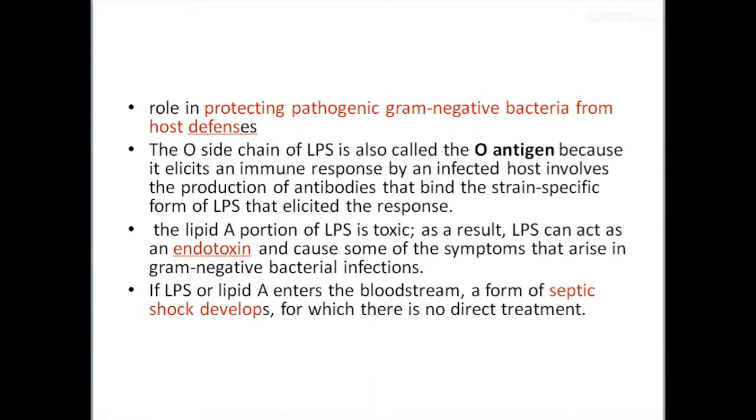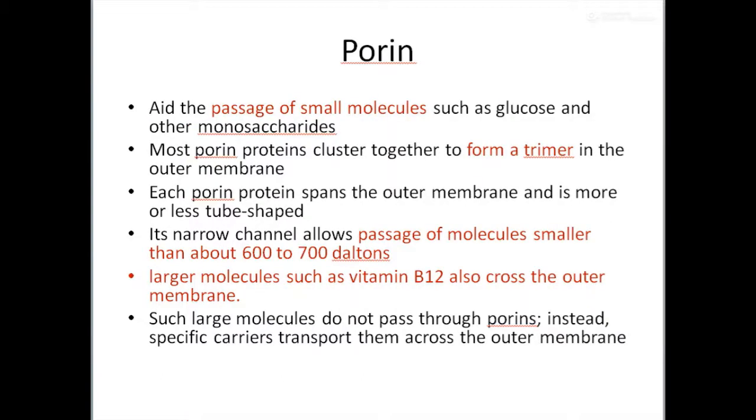lipopolysaccharides. And attached to the outer membrane, we also do have another protein called the porin, and they mainly aid in the passage of the small molecules such as glucose and other monosaccharides. And sometimes you can see that most of the porin molecules might cluster together or group together to form a trimer in the outer membrane.